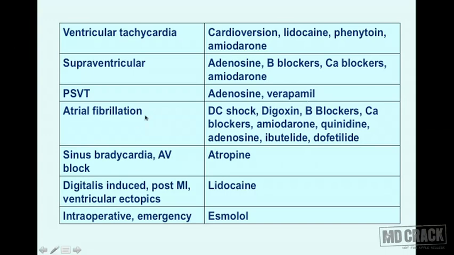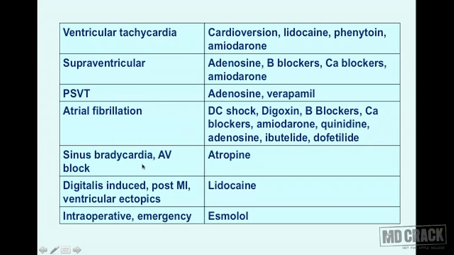For atrial fibrillation, management of choice will be DC shock. Apart from this, you can use digoxin. This will decrease the number of impulses going to the ventricle. You can use beta blockers and calcium channel blockers because it is supraventricular. You can use amiodarone because it's broad spectrum. And in addition to this, you can use quinidine, adenosine, ibutilide, and dofetilide. So all these agents can be useful for atrial fibrillation.